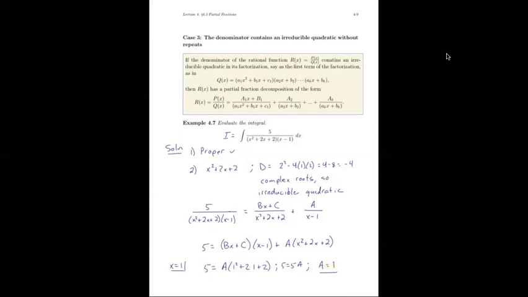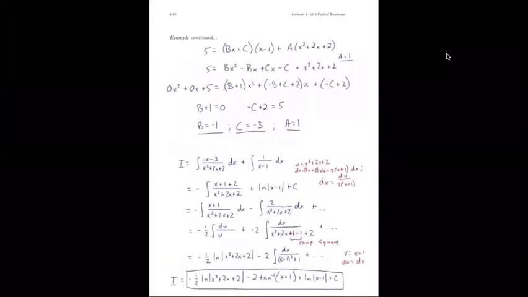It's very similar work. We just group like terms and equate our coefficients. So 5 is equal to bx plus c times x minus 1, plus a times the quadratic. We're resetting our basic equation here, and we're going to work forward. We're going to say that a is equal to 1, and we'll use that information. So we'll just have normal constants in front of this portion. And we're going to collect our like terms, like I said.